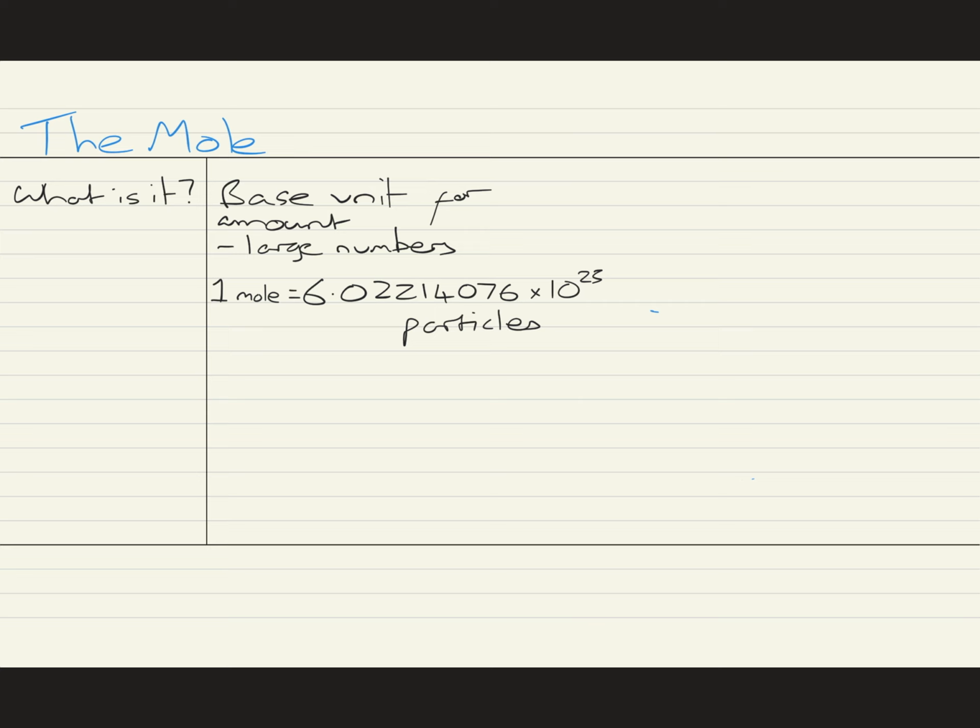Chemists like working with carbon since it can be controlled well, and it just so happens that 12 grams of carbon-12 has 6.02214076 times 10 to the 23 particles in it.